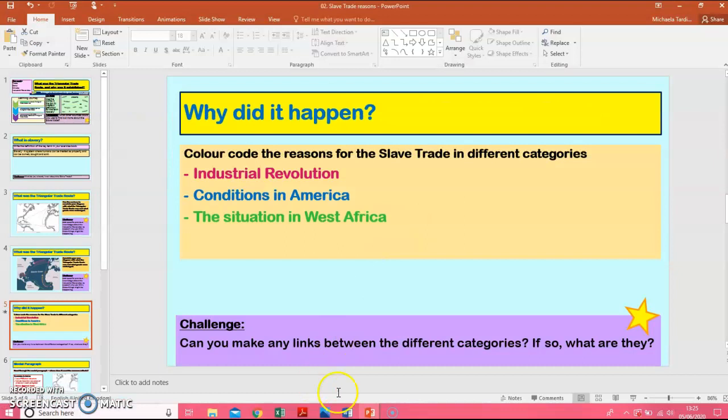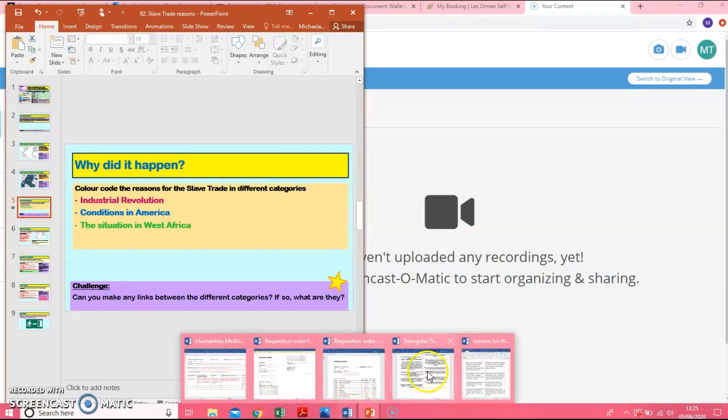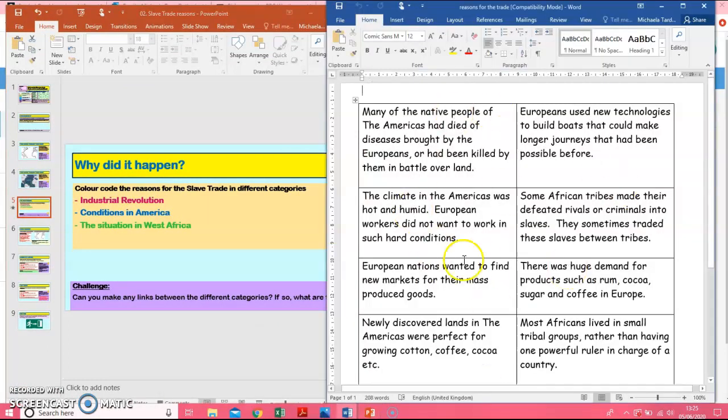So I'm going to show you what we are going to be doing. I've got my categories here, and you have your reasons for the slave trade. It looks like this. The first one says many of the native people of the Americas, and it is the Americas because we're talking about North and South America, had died of diseases brought by the Europeans or had been killed by them in battle over land.